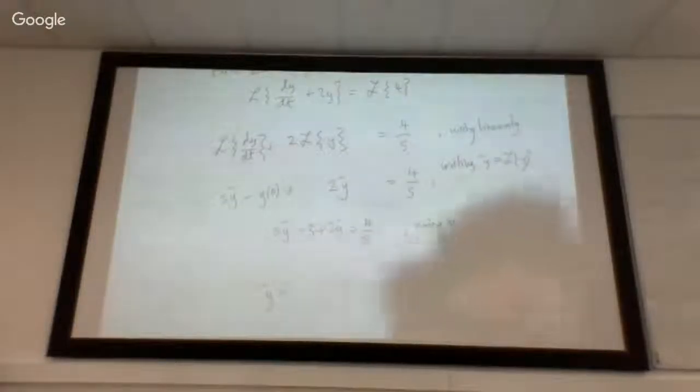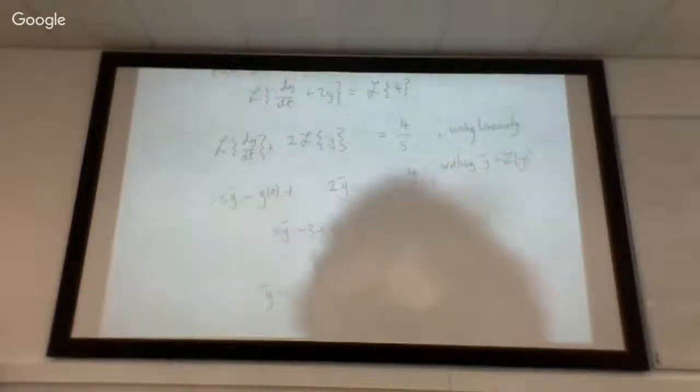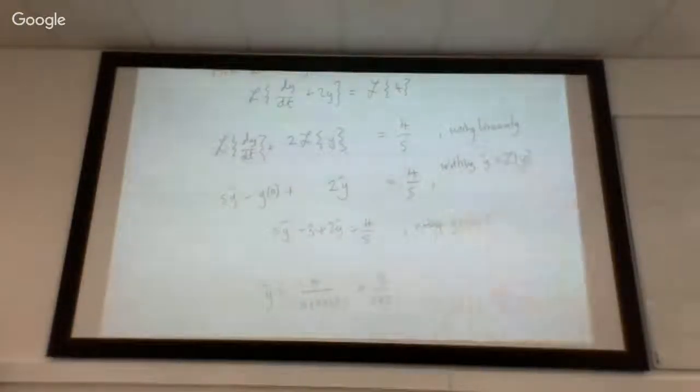So you have to take the minus 3 to the other side, and you have to divide both sides by s plus 2. So it's 4 over s times (s plus 2), plus 3 over (s plus 2).